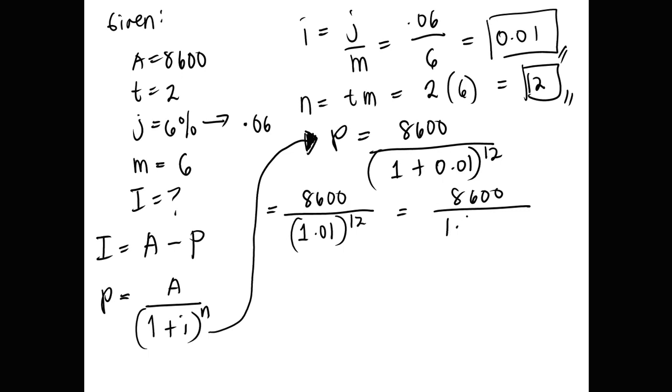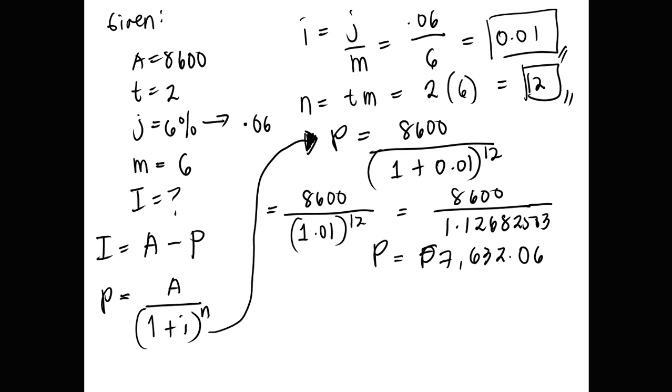We have 1.12682503. And then after that, divide. 8,600 divided by 1.12682503. Principal amount will be how much? 7,632 pesos and 6 centavos. And that will be our principal amount.